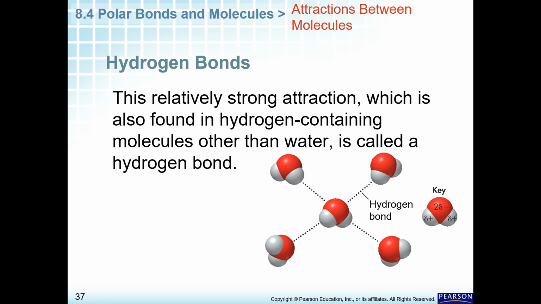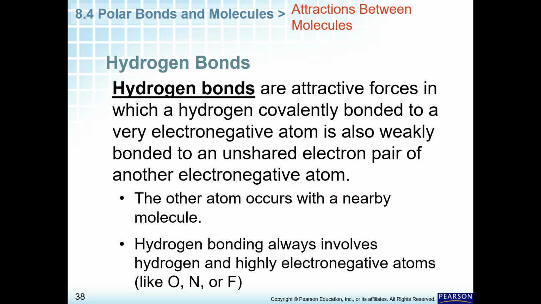Now, hydrogen bonds will not just occur with any molecule. Hydrogen bonds are defined as the attractive forces in which hydrogen has to be bonded to a very electronegative atom. So not every bond with hydrogen is going to be a hydrogen bond.